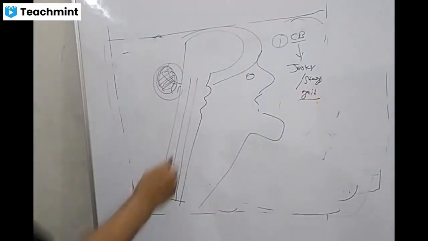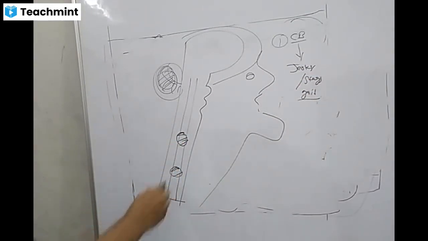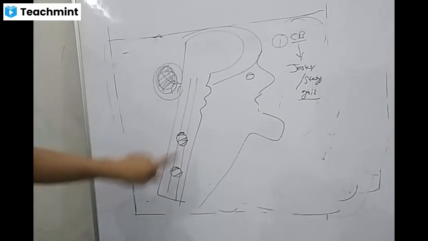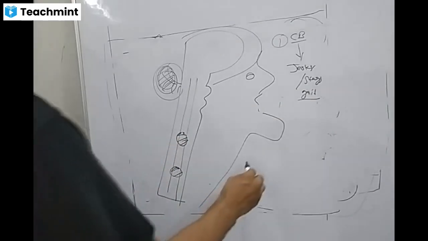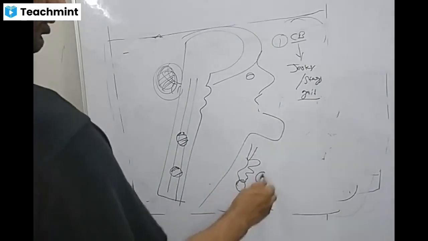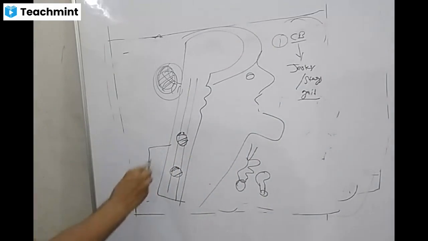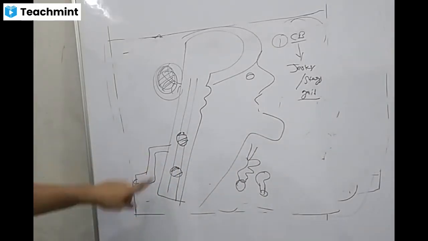If the cyst is present somewhere here in the spinal cord, this part of spinal cord controls your GIT, rectum, bladder, and hind limbs, hind legs.